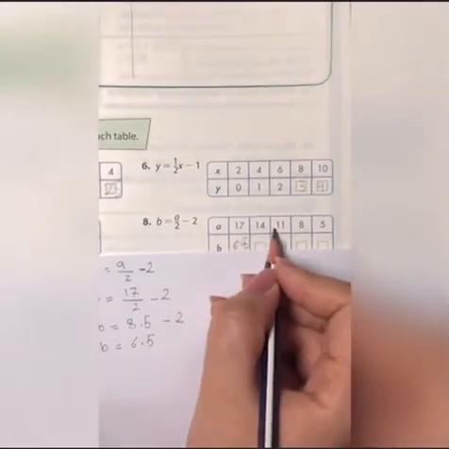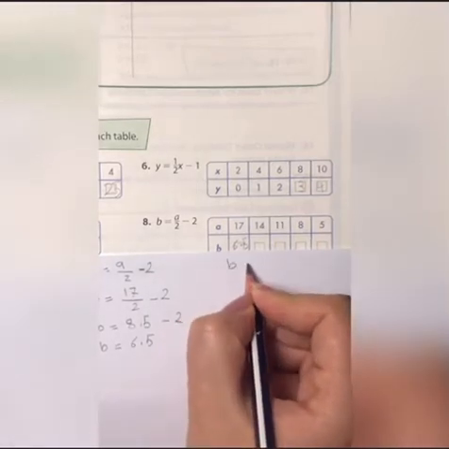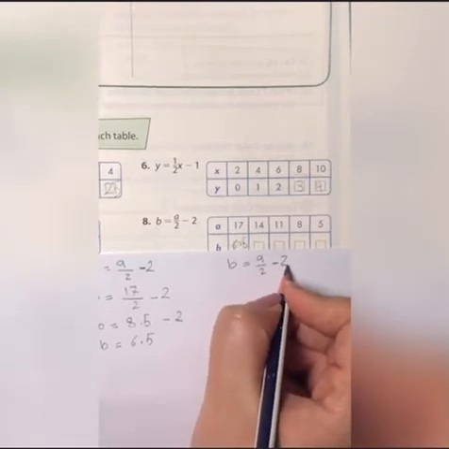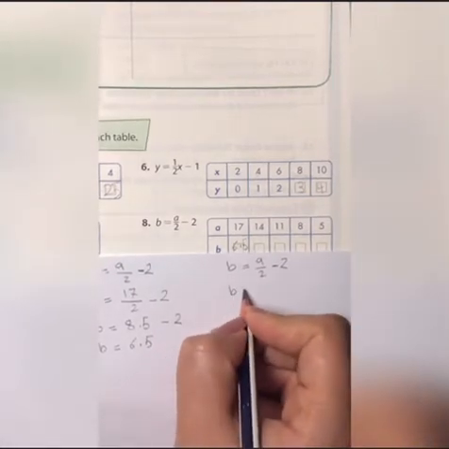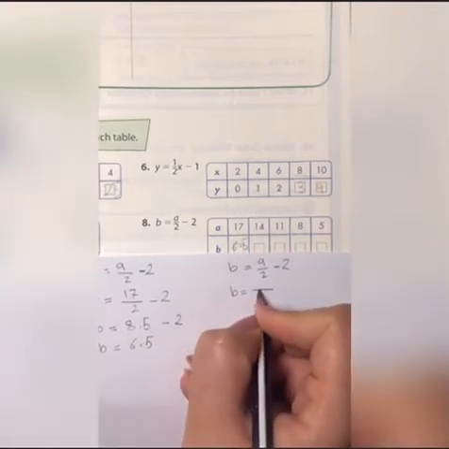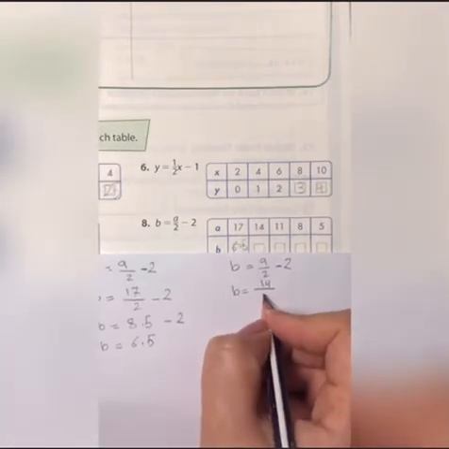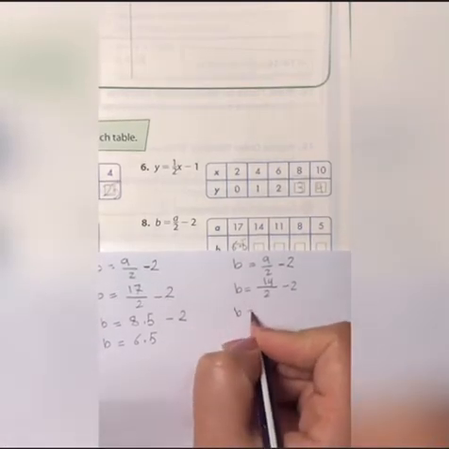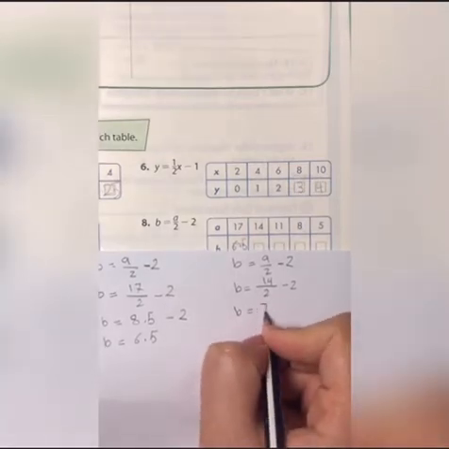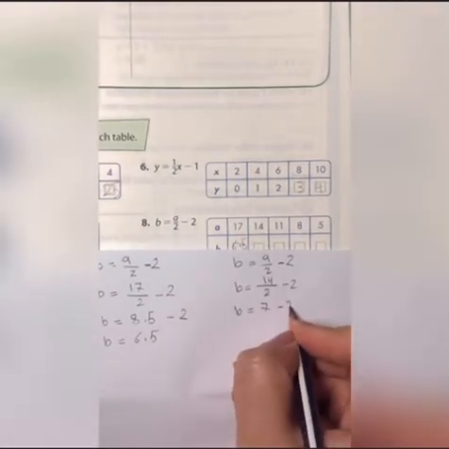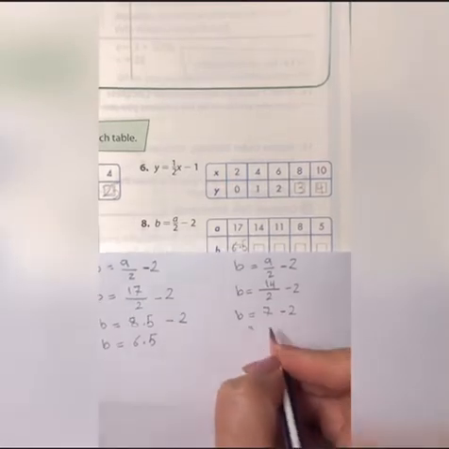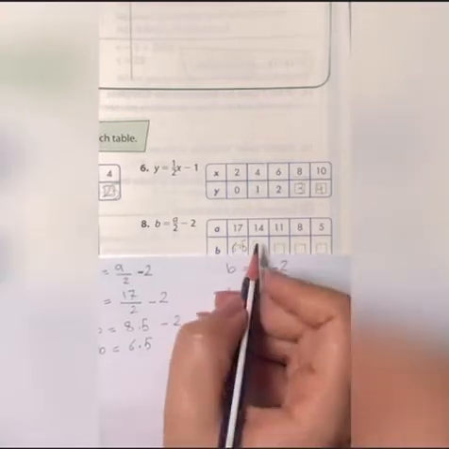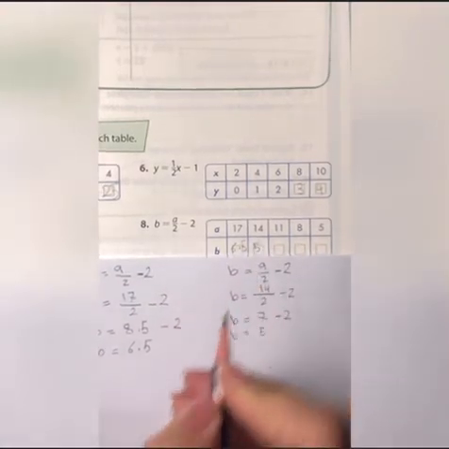For a equals 14, we have b equals a over 2 minus 2. Instead of a, we would write 14 divided by 2 minus 2. And we have 14 divided by 2 equals 7, and 7 minus 2, that's equal 5. b equals 5.